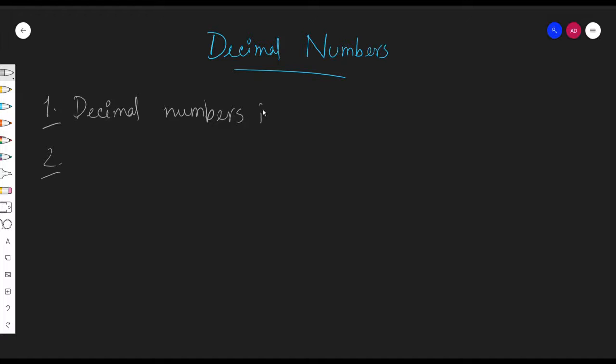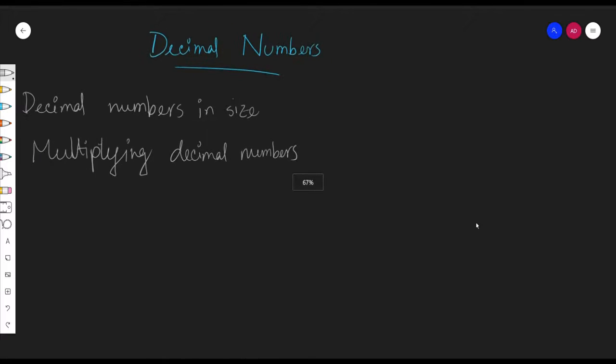Decimal numbers in size order, and multiplying decimal numbers. Okay, let's do this now.